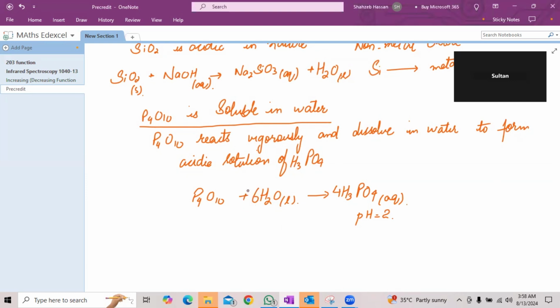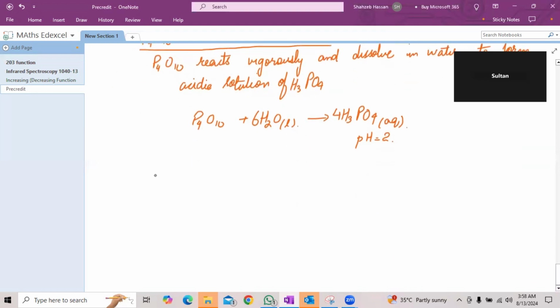So let's move further towards oxides of sulfur, sulfur dioxide and sulfur trioxide.